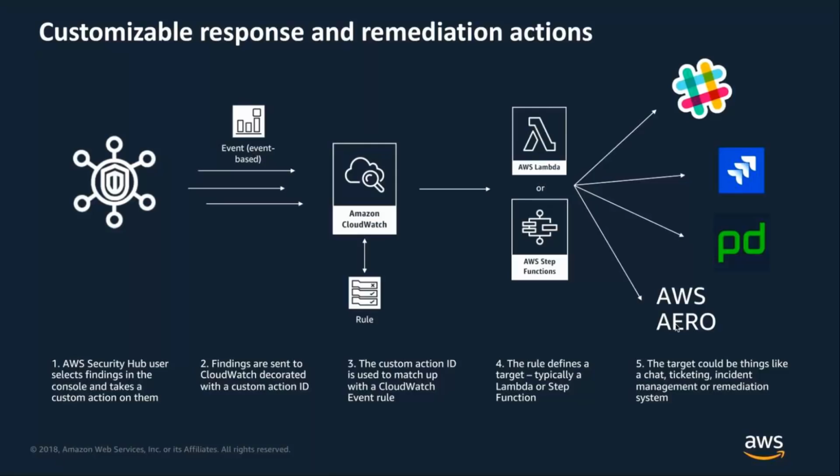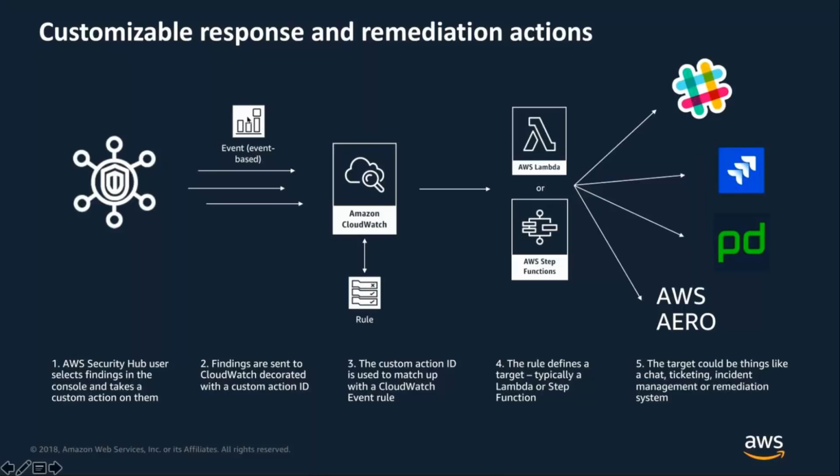We actually have already created code for some of them. So we've built out the full integration with AWS Arrow. If you want that, it is available. We've built out integrations with Slack and PagerDuty. Those are available in our AWS samples GitHub site.